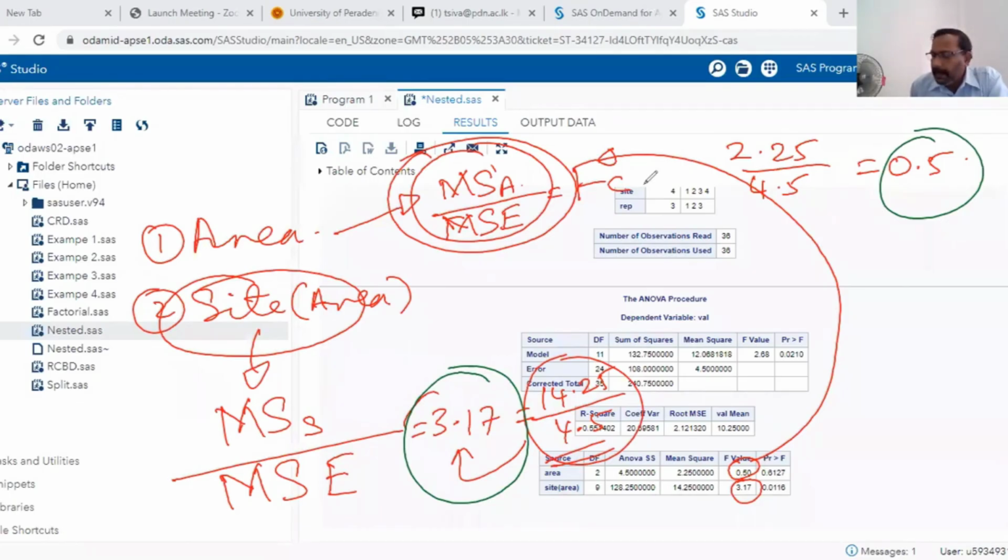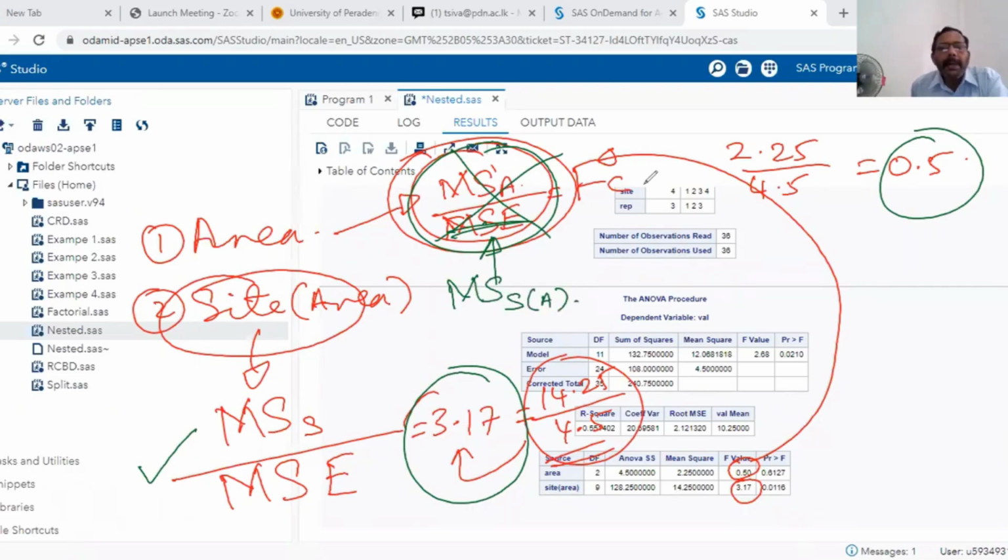Kirija? Site calculate. Site, we can accept, right? Site calculation is correct. The area calculation is wrong. Why? Because the error mean square should be replaced by the mean square of site within area.